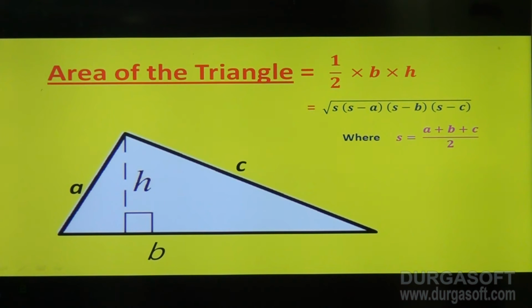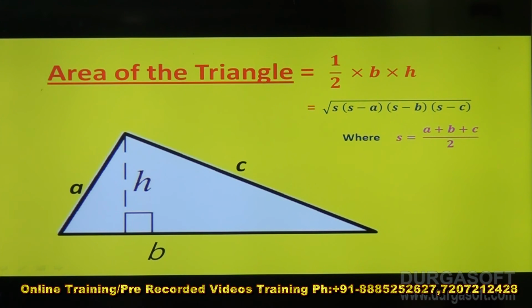If we take it by sides, this can also be written as under root s into s minus a into s minus b into s minus c, right, where s is equal to a plus b plus c divided by 2, right.